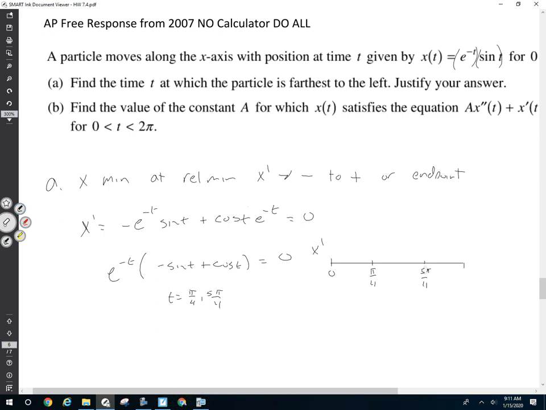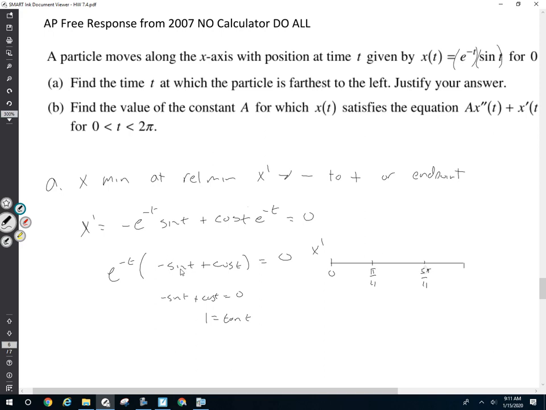Boom, we solved it. Remember, to do this, you would say negative sine t plus cos t equals 0. You can add sine, divide by cosine, and you'd end up with tangent equals 1. Checking signs, I can plug in 0 because I know the next location where this could possibly equal 0 would be at 3 pi over 4.